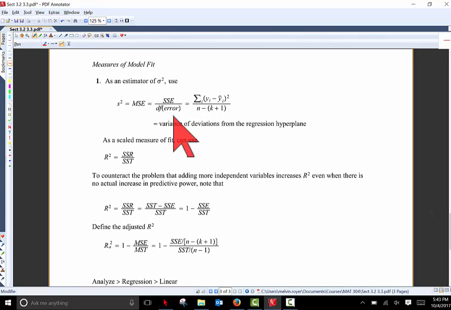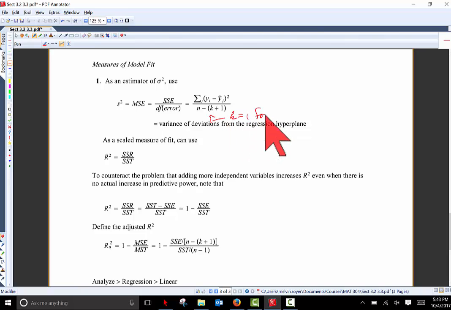And the third thing, measures of model fit. So before we had S squared, which was MSE. Same thing here. SSE is the sum of the squares of the residuals. It's the numerator here. And now downstairs, degrees of freedom, just one thing has changed. When we're doing simple linear regression, K, which is the number of independent variables, was 1.